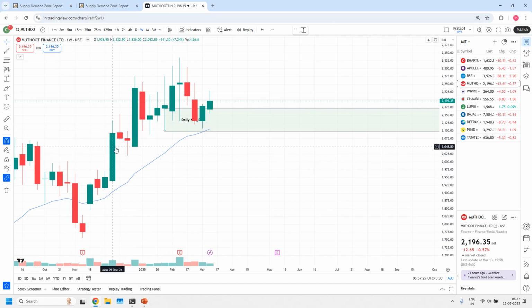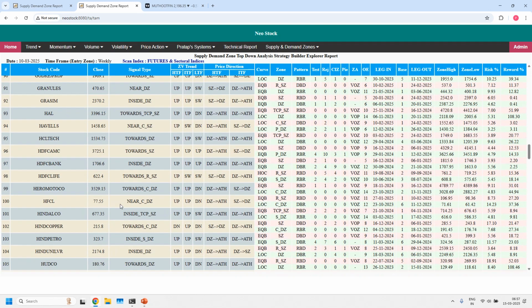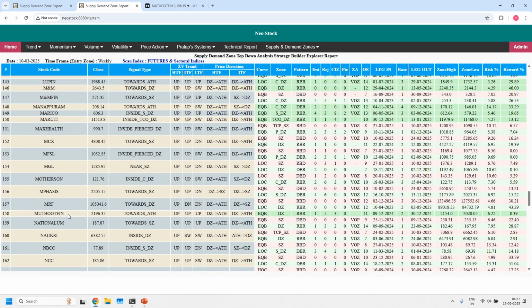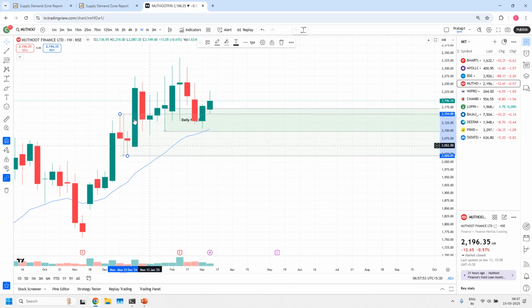When it is 9th December, let us check Muthoot Finance. 9/12/2024, 2 base candles. See, this is 9/12/2024. So exactly. So this is the weekly zone. Inside the weekly, the daily zone is there. See, the daily zone is overlapped with weekly.